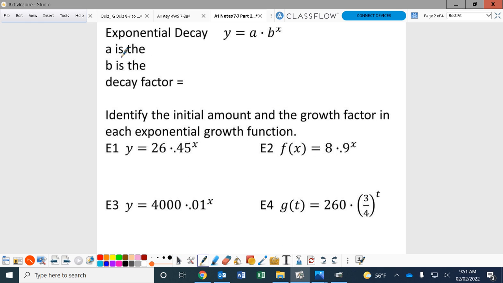A is going to be what they call the initial amount. Guys, what does initial mean? It's what you start with. Perfect. Exactly. If you're dealing with a loan or an item, whatever it costs to begin with or whatever it's worth, that's the initial amount.